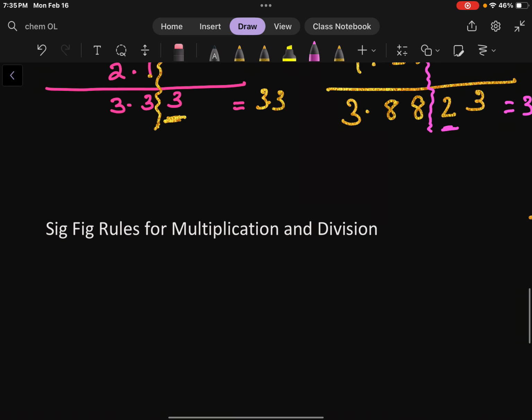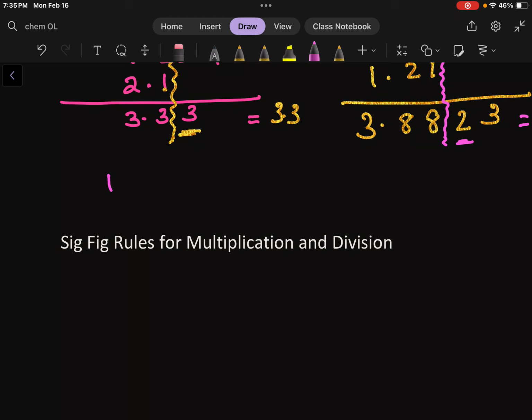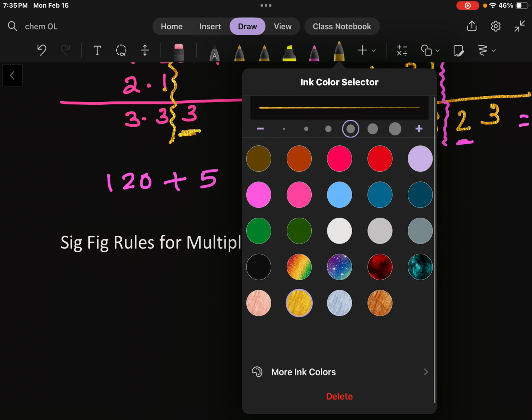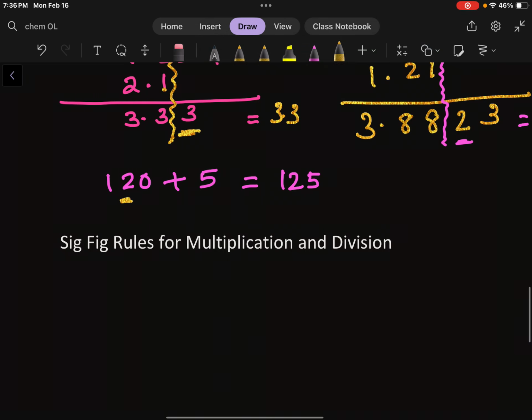But if we have a number, for example, 120 plus 5, your answer will be 125, but the least precise position is what? 10, so you have to round here. So your answer will be 130 instead of 125.